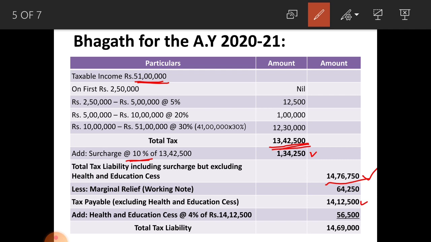For this total tax payable 14,12,500, you have to add health and education cess at 4%. That amounts to rupees 56,500. When you add this one to tax payable, you get total tax liability as 14,69,000. This is the total tax liability.